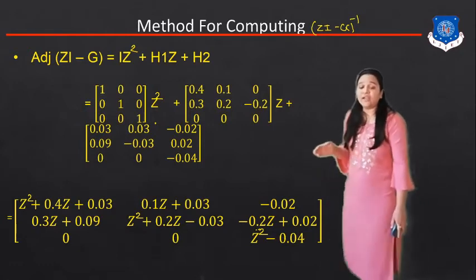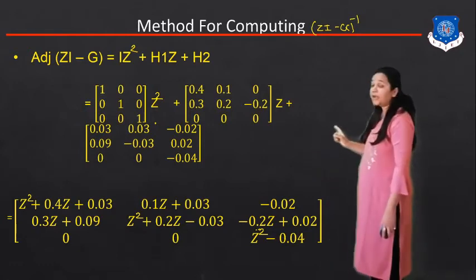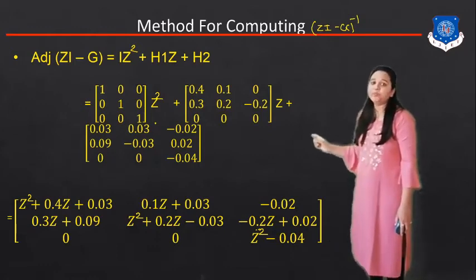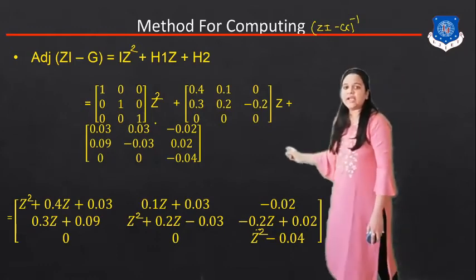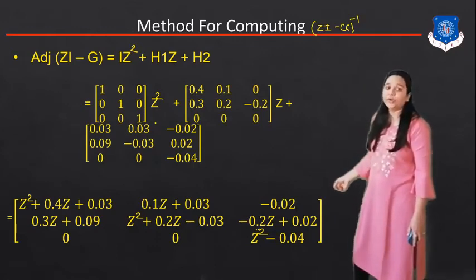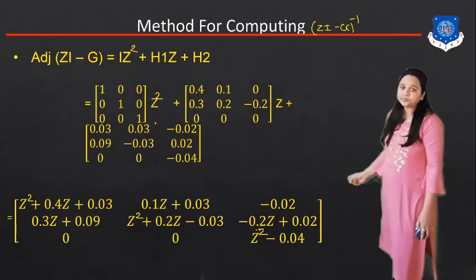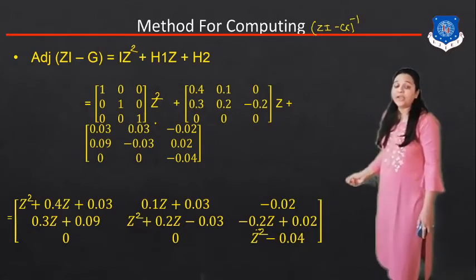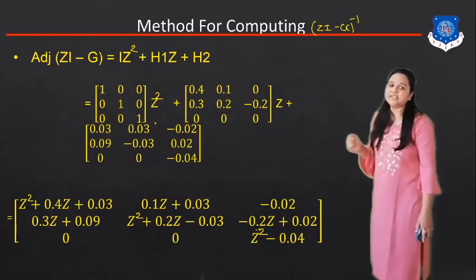So the final answer is Z square plus 0.4Z plus 0.03, then 0.1Z plus 0.03, and the last is minus 0.02. In the next row we can get 0.3Z plus 0.09, because the term Z square becomes 0.